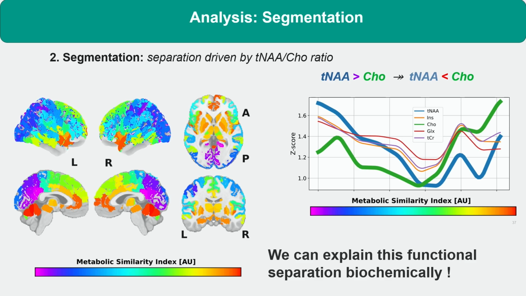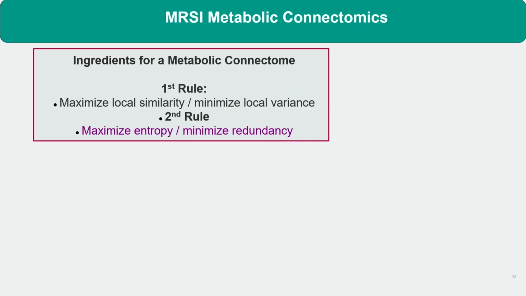And choline and TNA are the metabolites that are going to drive this whole variation, where we're getting a flip somewhere in the frontal regions. So let me formulate the second rule of MRSI connectomics: we're going to minimize redundancy or maximize entropy of these values.